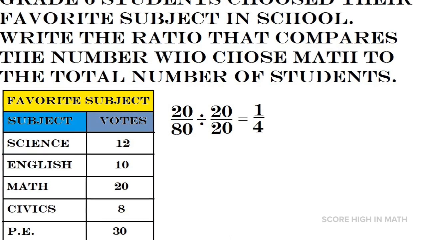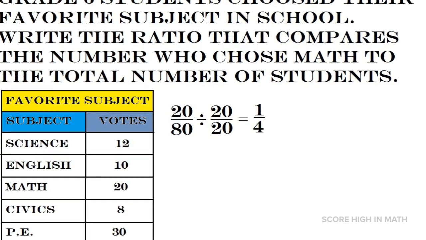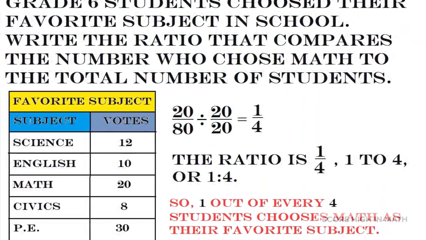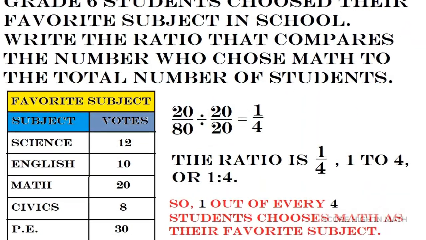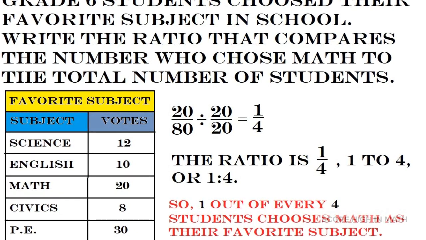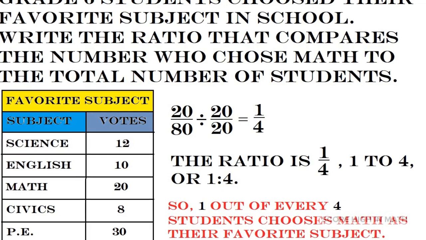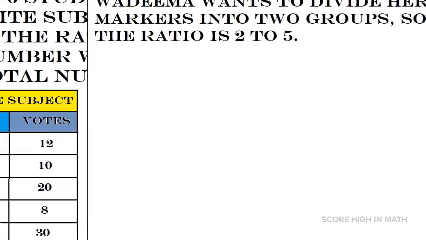Therefore, the simplest form of 20/80 is 1/4. This means that the ratio is 1:4. So, 1 out of 4 students chooses math as their favorite subject.